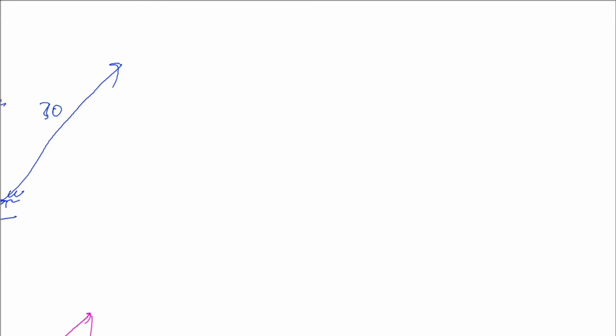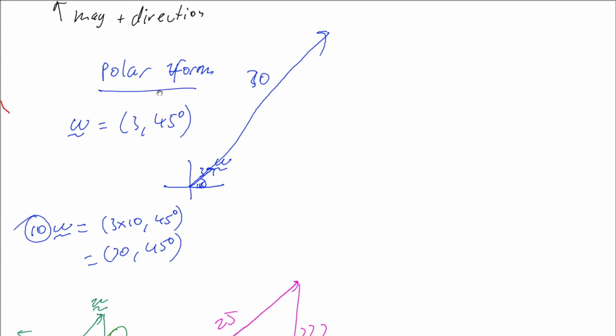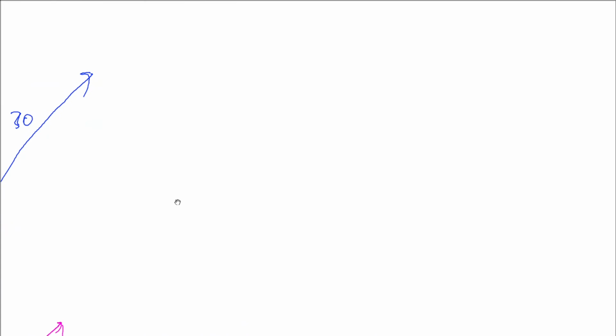One thing we haven't looked at is what happens if I've got a negative scalar. Let's go back to our vector w, which was 3, 45 degrees. What happens if I want to find negative 2 times w?